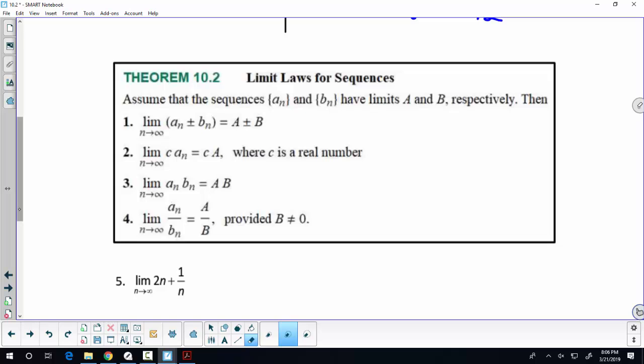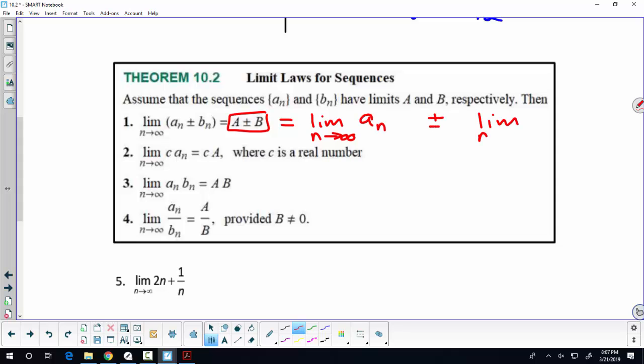Like the limit of a sum or difference is the sum or difference of the limits, where capital A and capital B are just what these limits are equal to. So this part is saying the limit as n approaches infinity of a sub n plus or minus the limit of b sub n.